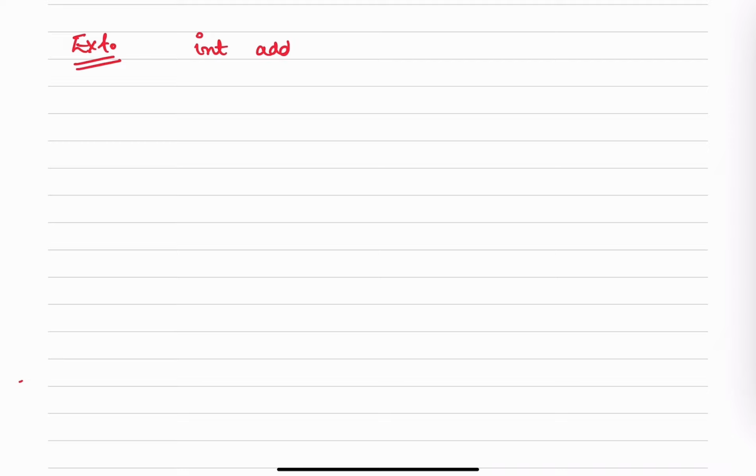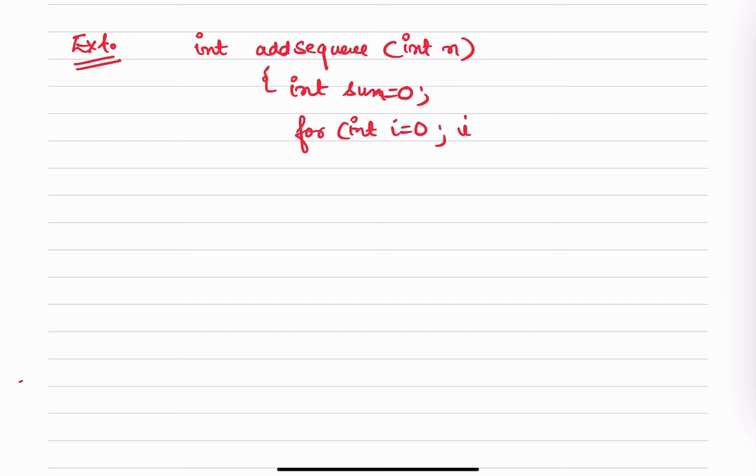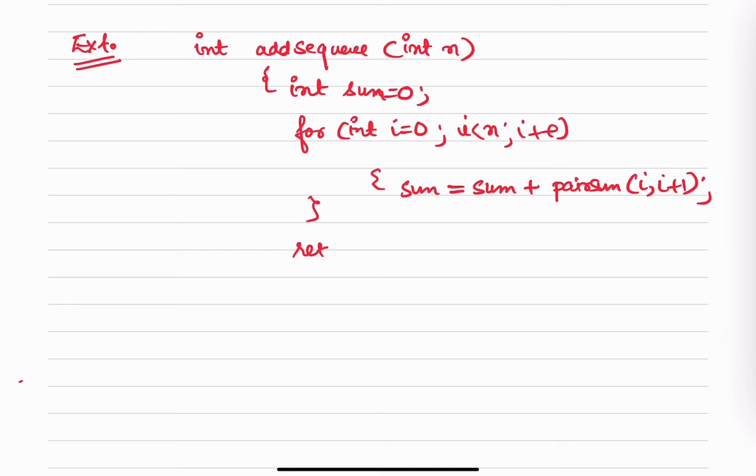Int add sequence. I'm writing it as a formal algorithm. Defining sum as 0, for int i equal to 0, i less than n, i plus plus, then your sum will be, let's say, sum plus pair sum of i comma i plus 1, and I'll just return this sum.